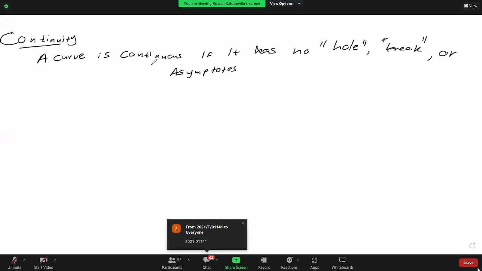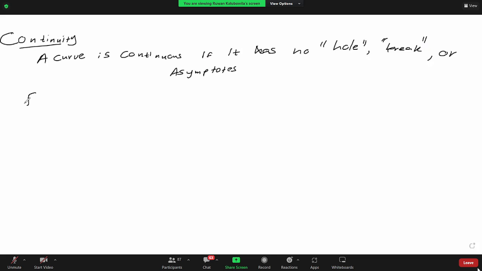When we have a curve or function and we need to tell whether it is continuous, it should have no hole or break or asymptote during the region we are considering.